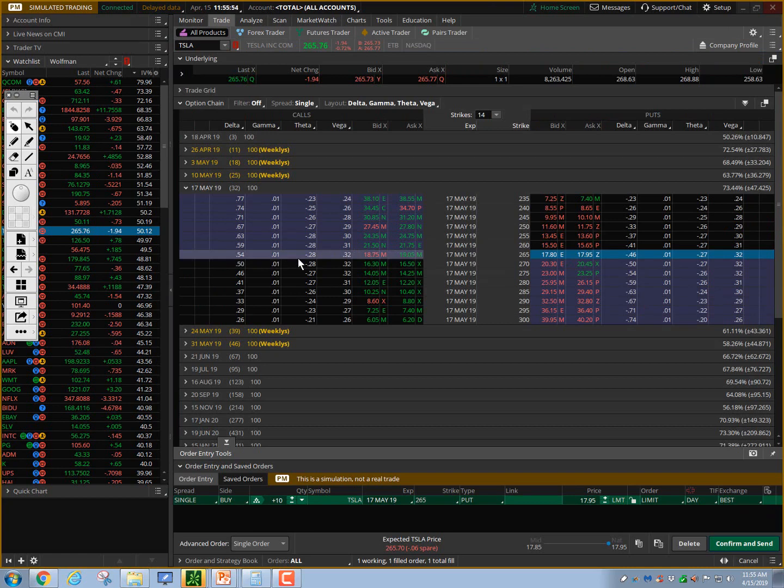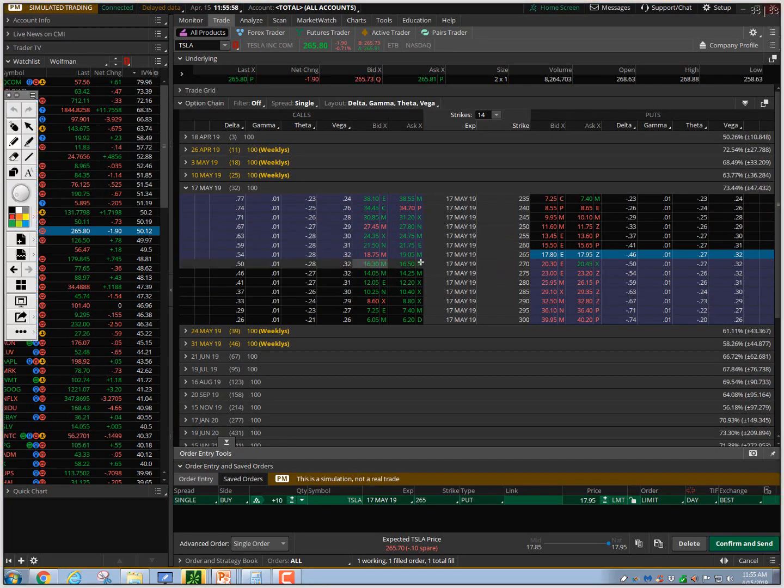because I am buying, I'm going to buy volatility here, right? So if I buy this option, which is the 270 strike. Let's go to the closest at the money. So we're looking at the 265s. If I buy this premium here, my volatility vega is 32. So as volatility increases, this premium will increase by that exact amount.